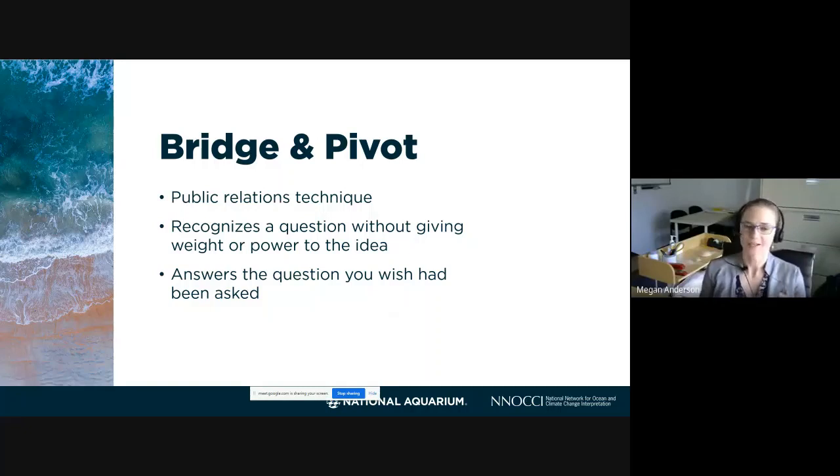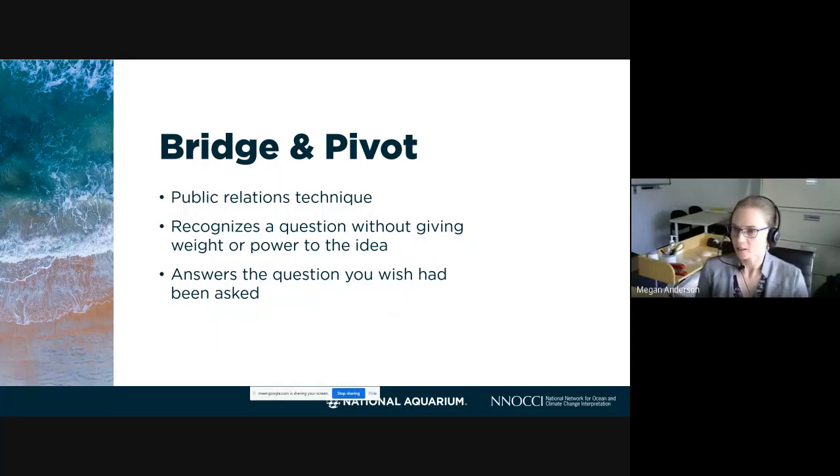For example, if someone has triggered a bad area of the swamp and you want to pivot into a better area, or if you have a group of 20 folks and there's one person in that group that is a very loud climate denier, and you want to spend your time and effort on the other 19 people getting towards climate solutions, then bridge and pivot is a really great tool for that.